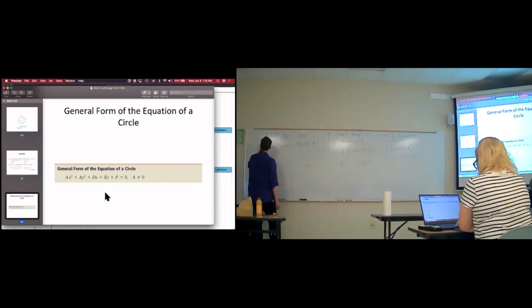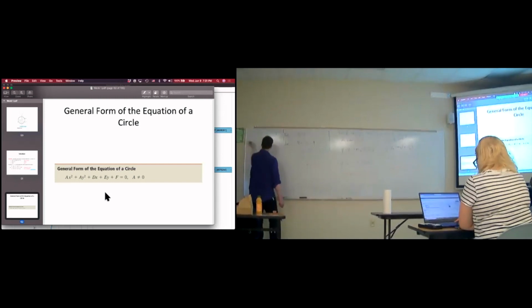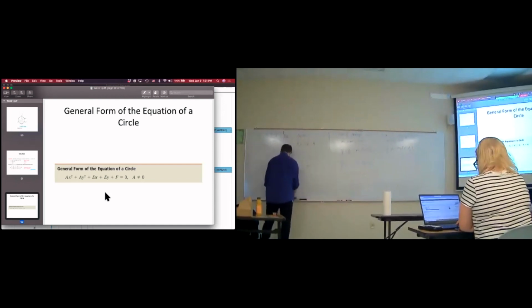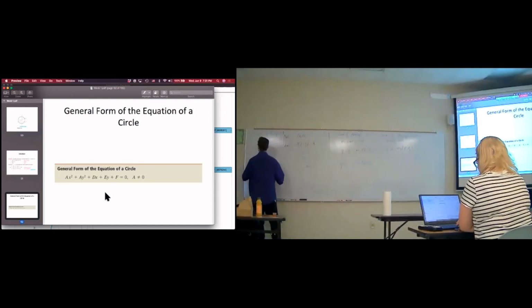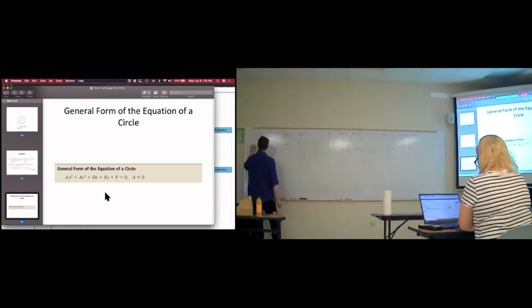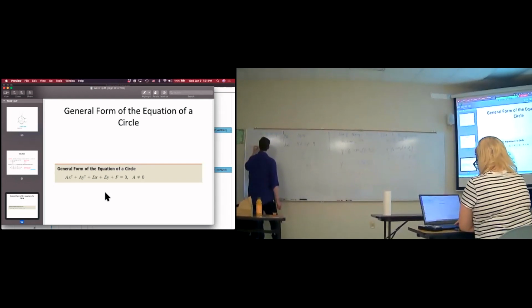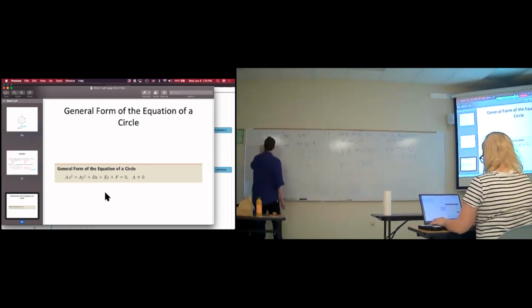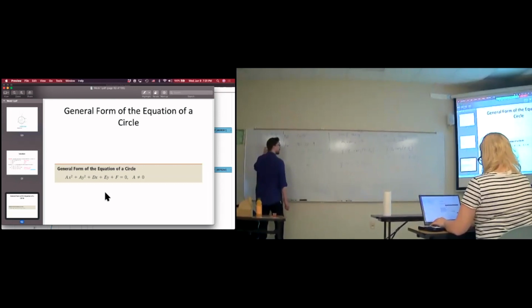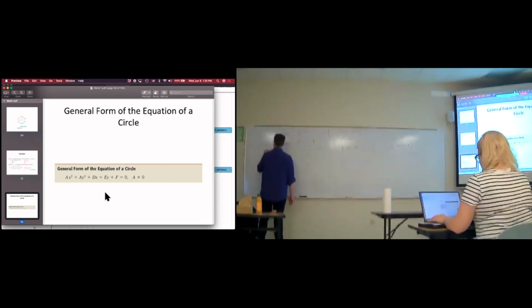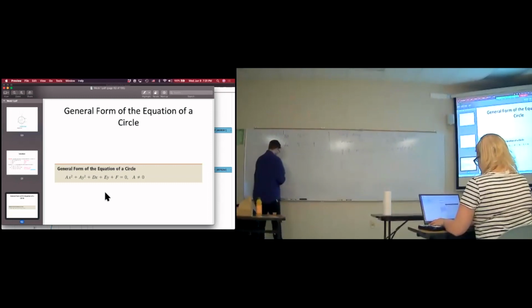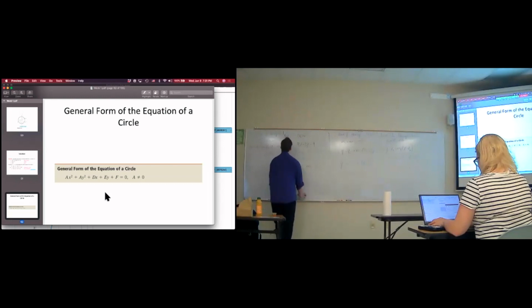Keeping all the notation the same: plus A y squared plus bx plus ey plus f is equal to 0, A is not equal to 0.